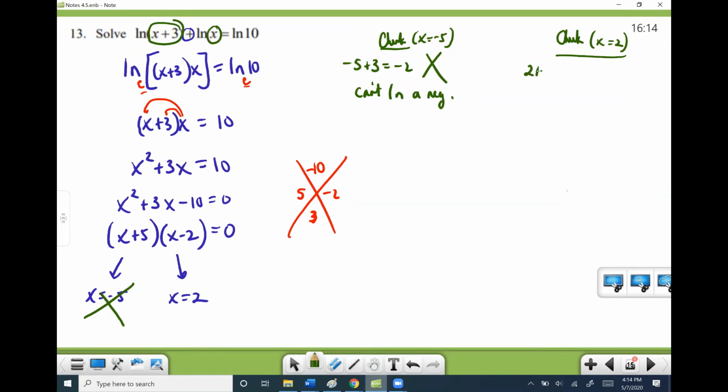So 2 plus 3 equals 5. That one checks. And of course, if I plug a 2 in right there, that one checks too. Okay. All right, you guys. How do we feel on that one? So only x equals 2 is the answer. The -5 was out.